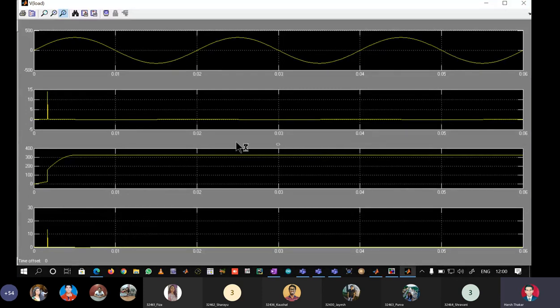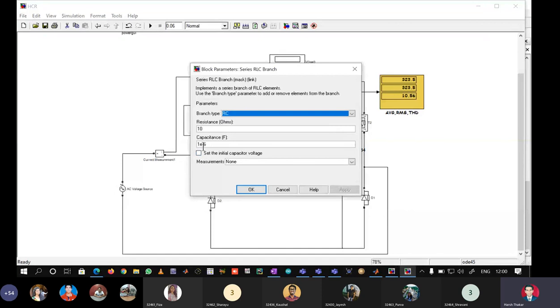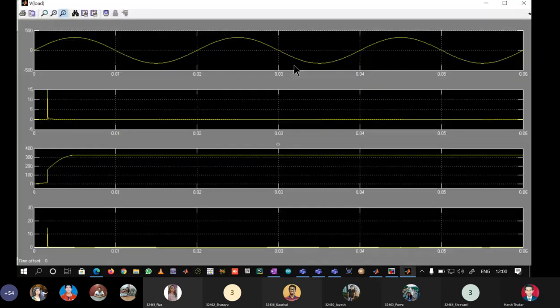Let me see what is the effect in the waveforms if I increase or decrease the value of capacitance. Double click and now make it, instead of 1 micro, 2 microfarads, 2e minus 6. Apply. Okay. Run. No effect.